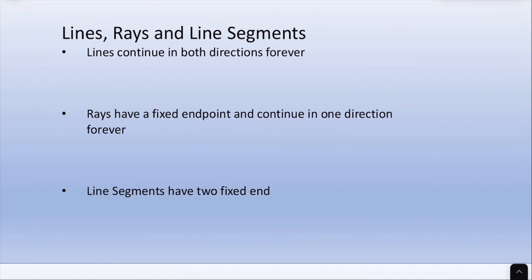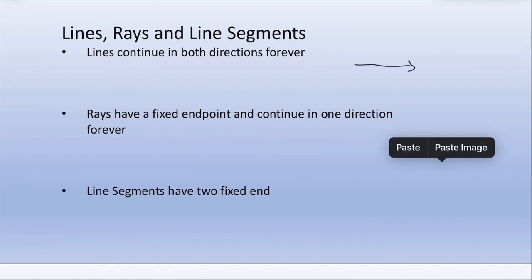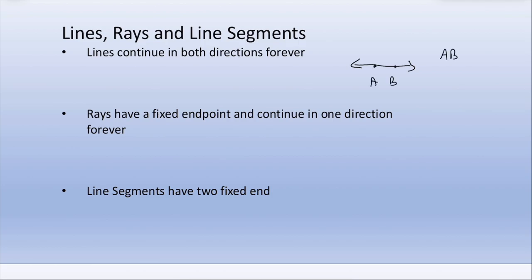And then a line segment. Okay, so remember our line looks like that. The arrows on top are a ray. It's not very straight. Assume that would be straight.